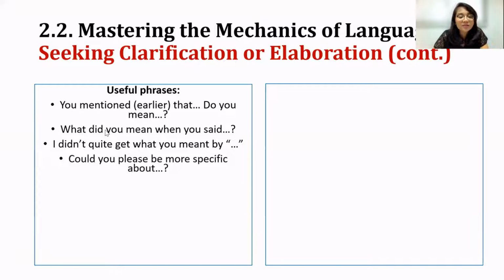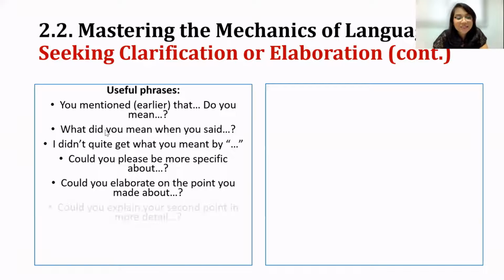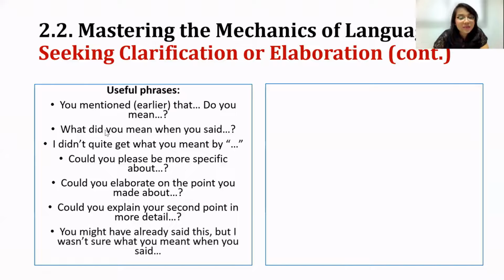Could you please be more specific about. Good. Could you elaborate on the point you made about. Good. Could you explain your second point in more detail? Good. You might have already said this, but I wasn't sure what you meant when you said.